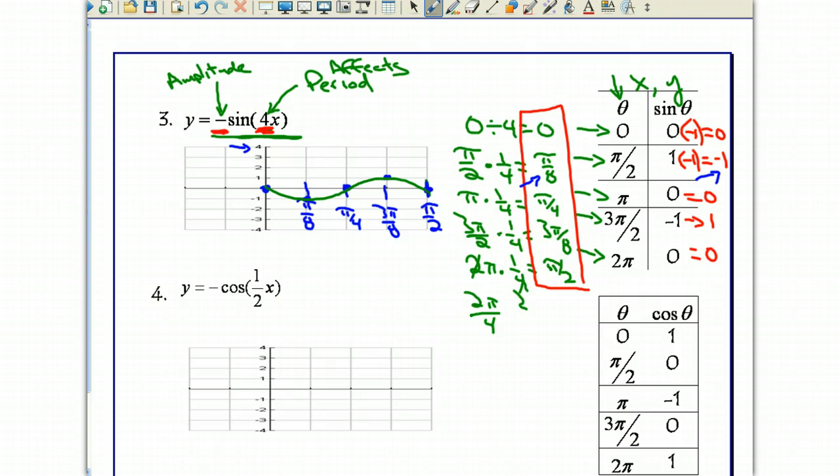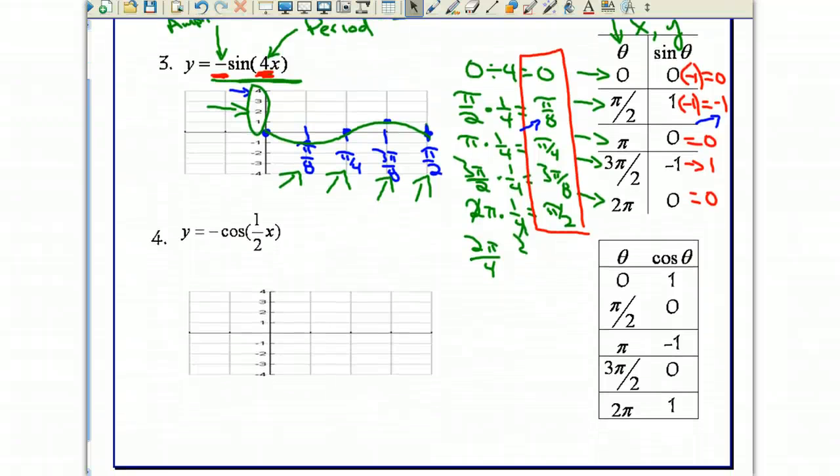And we have now graphed y equals negative sine of 4x. Make sure you've got your x-axis labeled. You want those points labeled. Make sure you've got your y-axis labeled. Probably not the best choice for the y-axis, but that's what it was on there, so we'll have to live with that. Okay, let's go on to one more question, and you guys will be in a good spot.